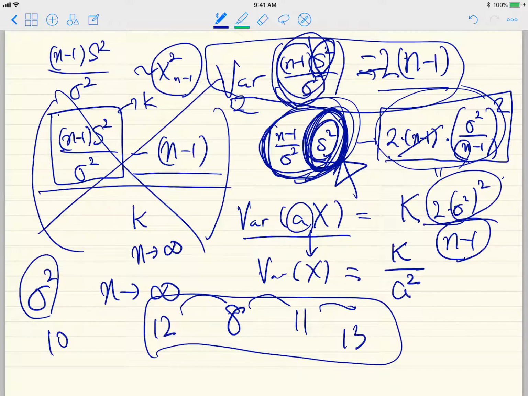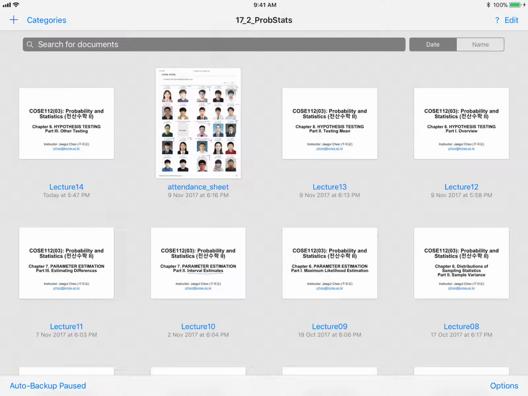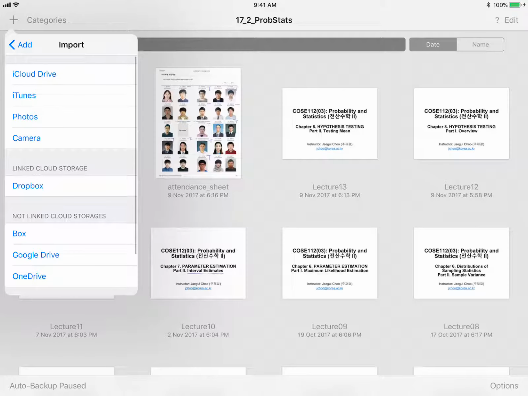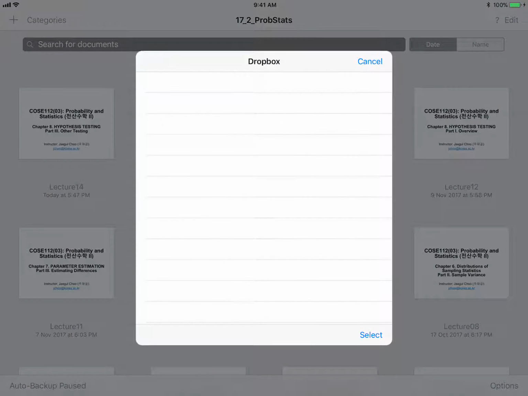Another important property of an estimator is about this: if n gets larger and larger, our sample statistic, the estimator, will converge to the true parameter value. Let's see. And that is called what? That is called what?